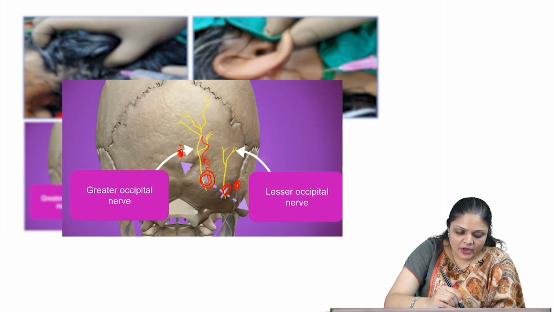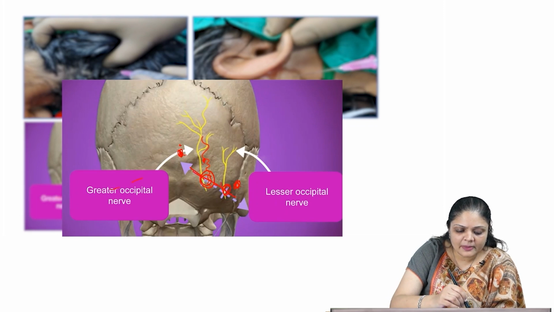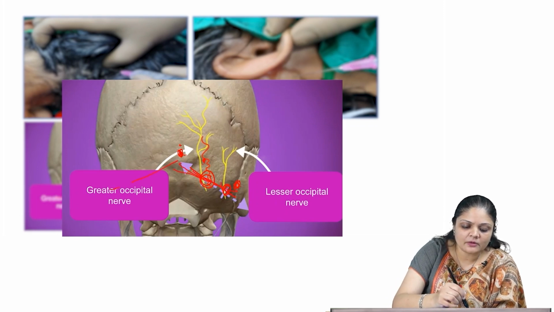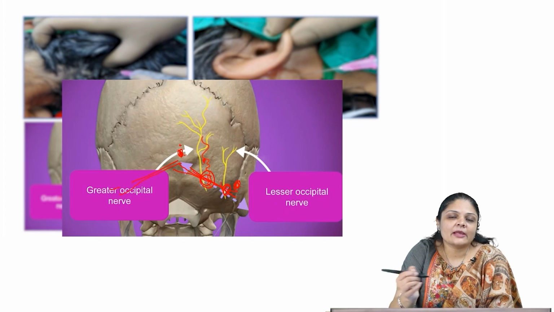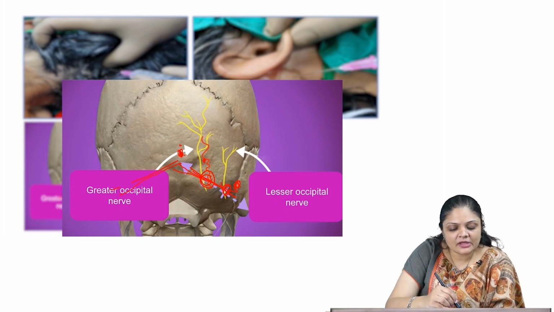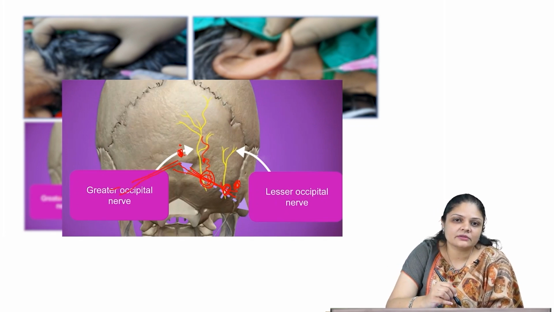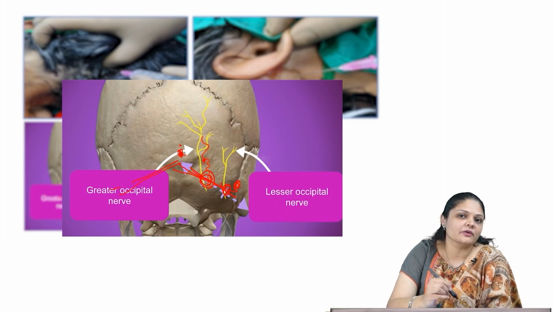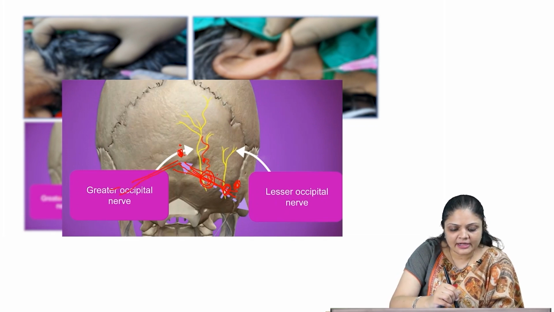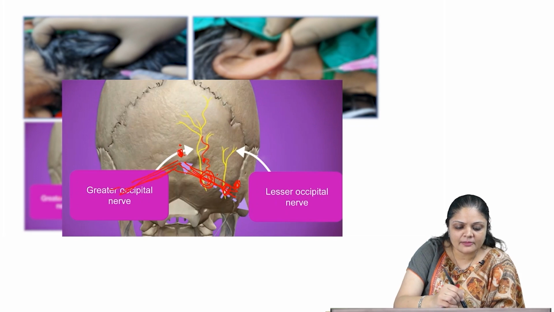Some centers join all these and infiltrate in between also to completely form a ring block behind, so that no fibers are lost, because none of these are standard or strictly positional nerves. So it is best to infiltrate the entire area and form a ring block behind.